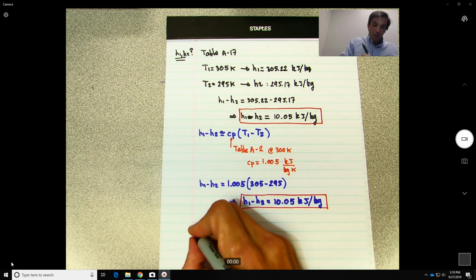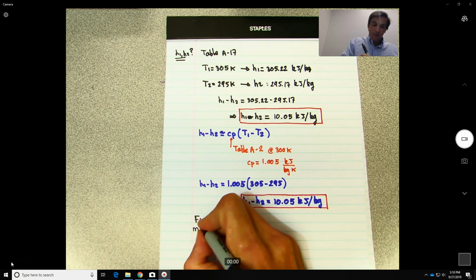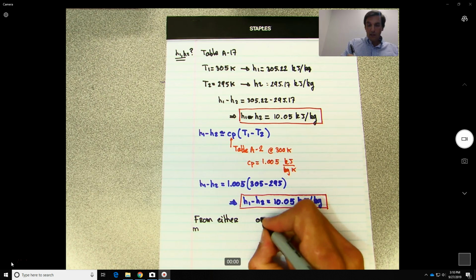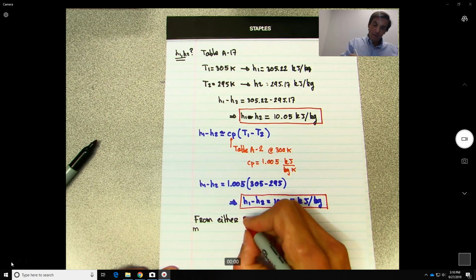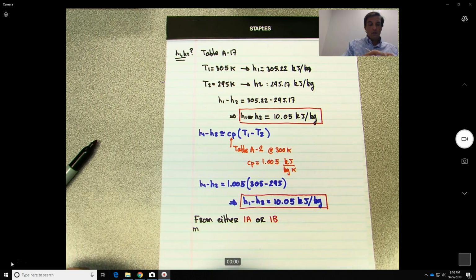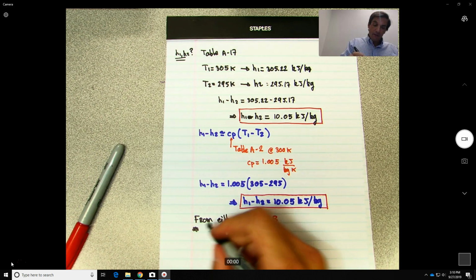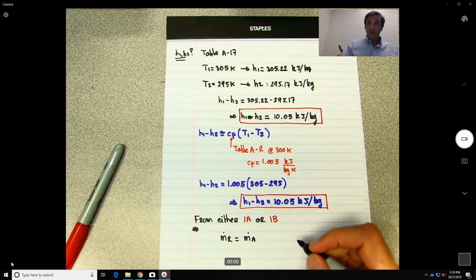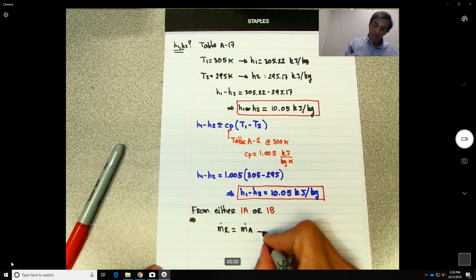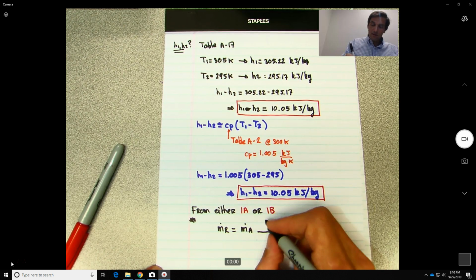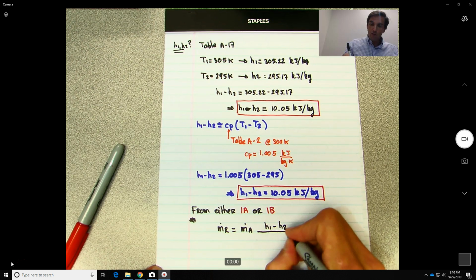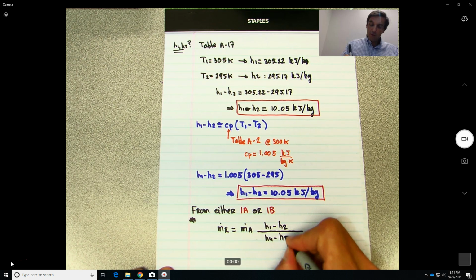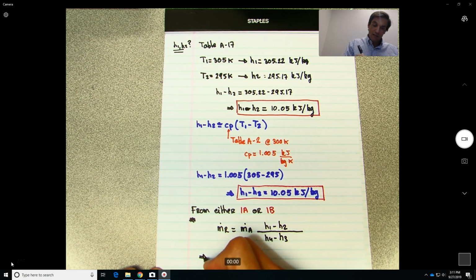So let's say we can use either 1a or 1b. What do we get? Mass of refrigerant is equal to the mass of air, so let's say we use the H1 minus H2 divided by H4 minus H3. So what do we get?